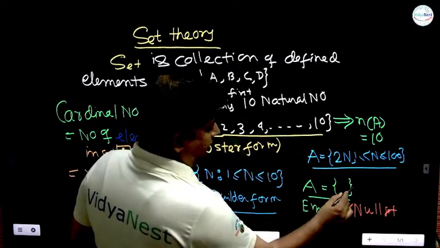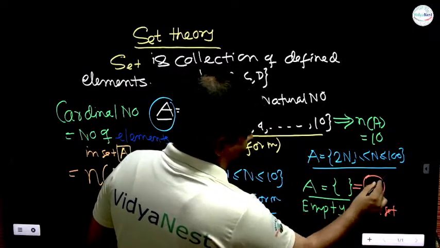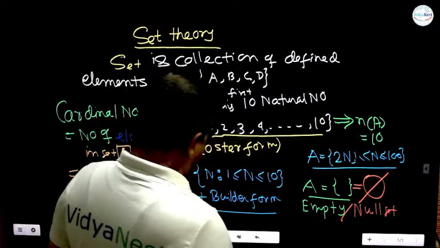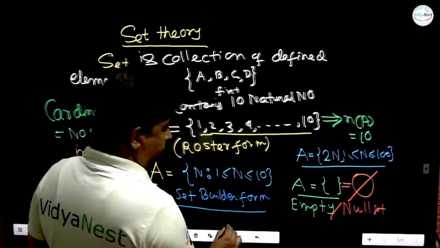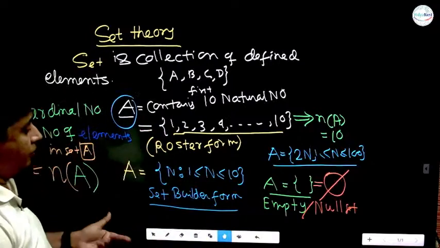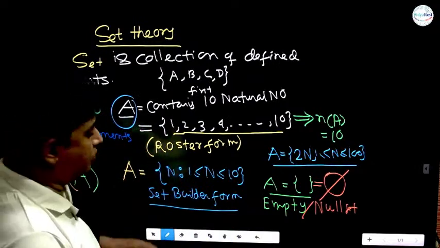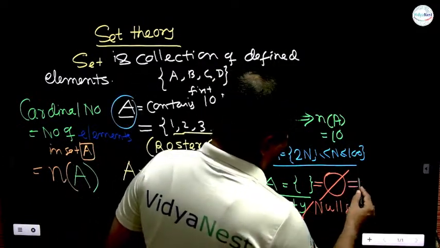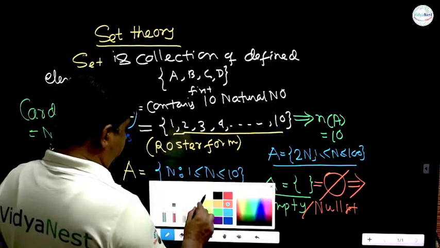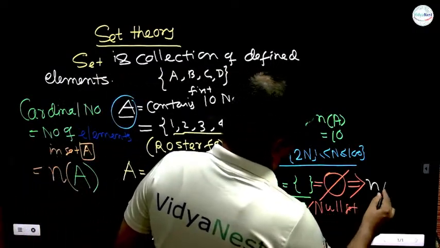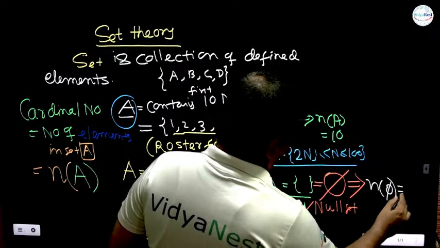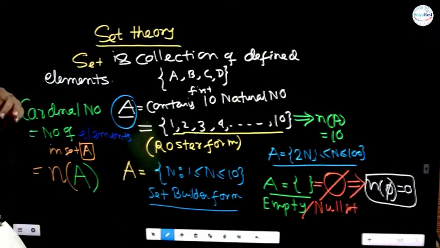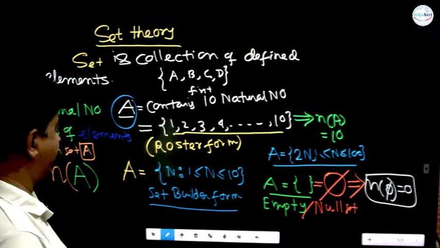This set is denoted by phi. Now, if you are asked to find the cardinal number of phi, what is it? 0. n(phi) is 0. Okay, so this is the basics of set from which we can start.